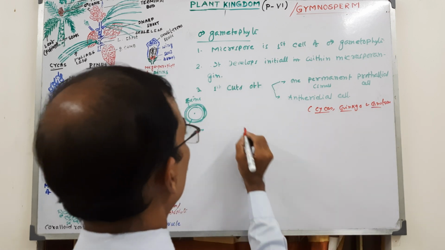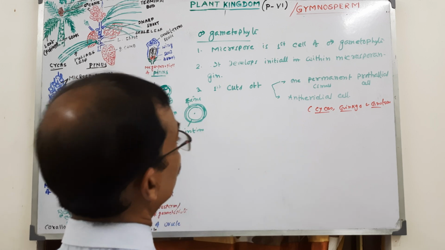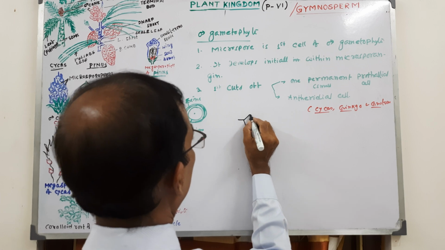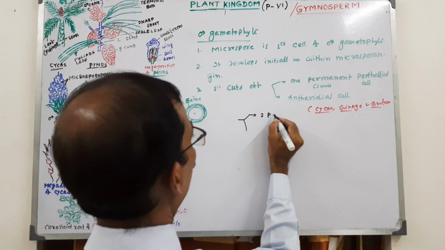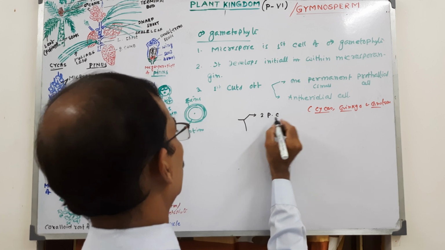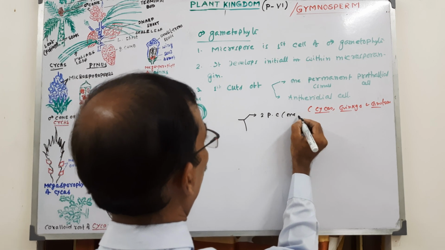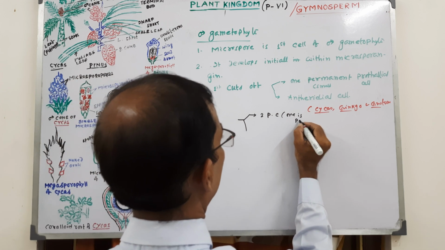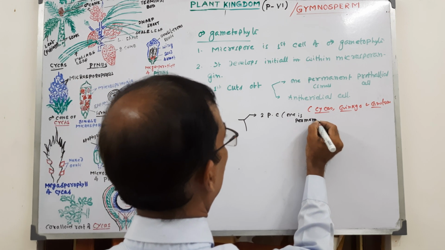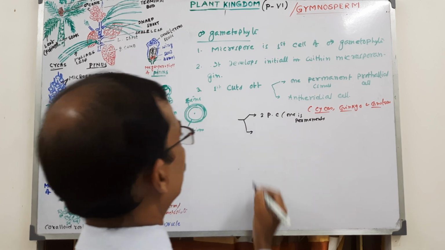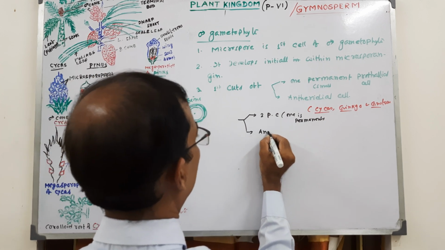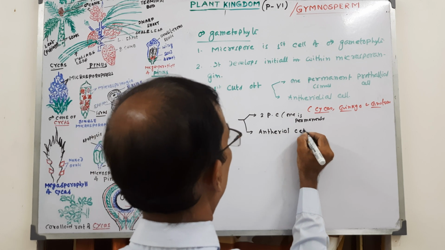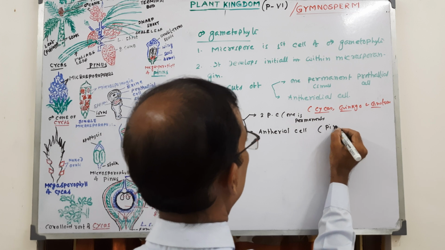Or it may initially divide into two prothallial cells, one permanent and one degenerative, and the remaining one is the antheridial cell, as in Pinus.